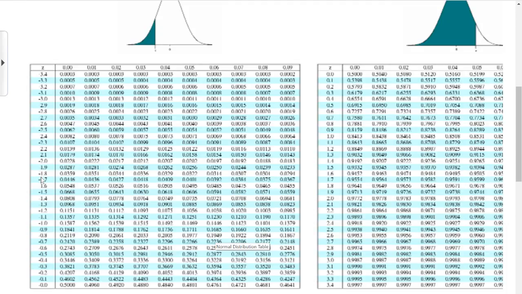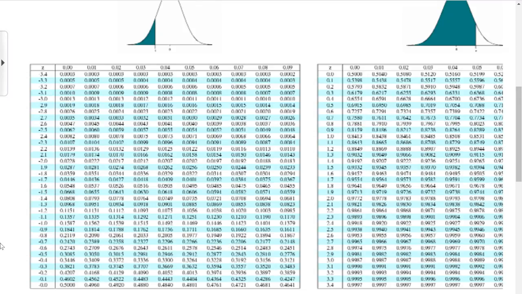So what we do is first, there's the negative z-scores over on this side. And so we go to negative 1.6, and hopefully you can kind of see that lined up right there. And then we go over: that's negative 1.60, this is negative 1.61, this is negative 1.62, this is negative 1.63, and this is negative 1.64, which says 0.0505.